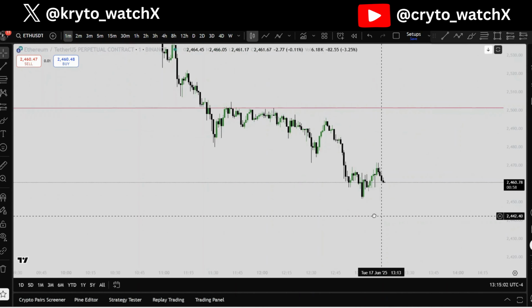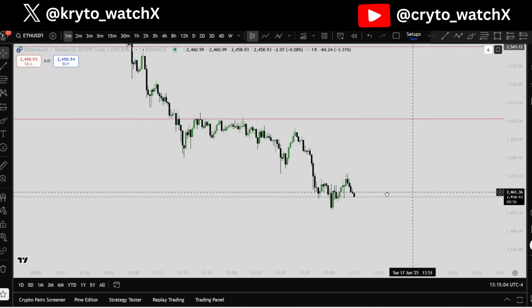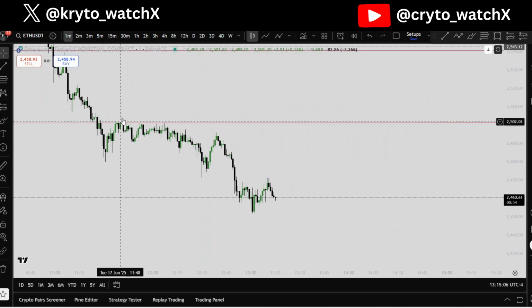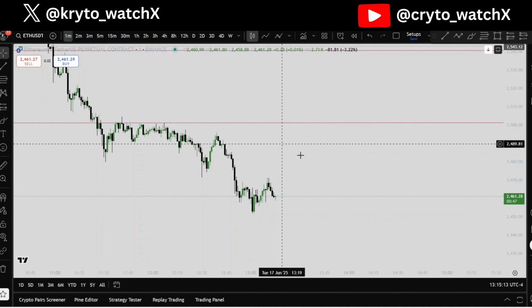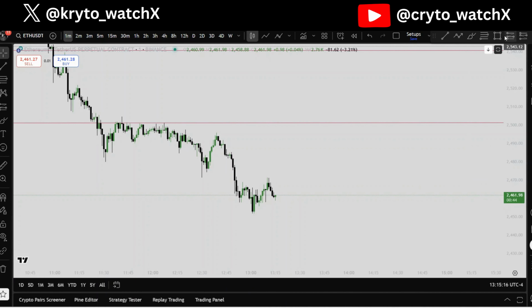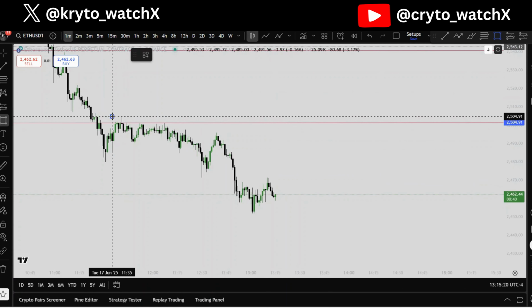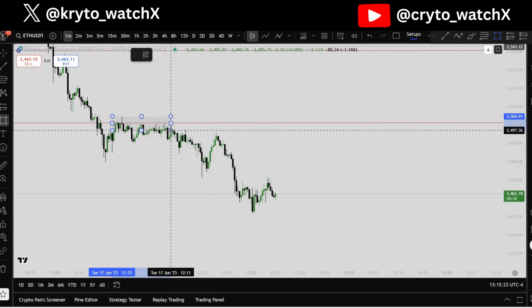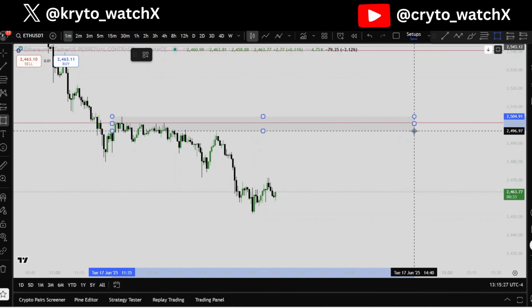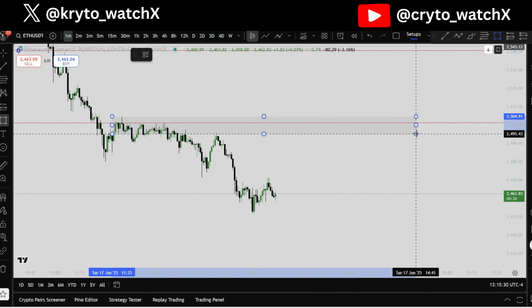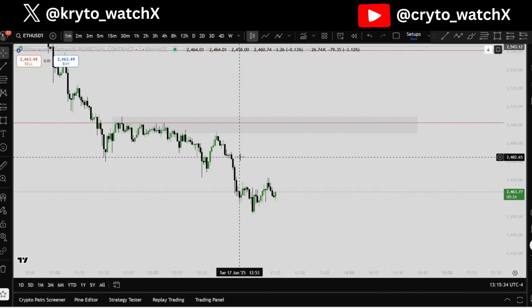As you can see, the price rejected from here, which is 25.01 on Ethereum, and the order block for the 1 minute time frame was here. If you look at our previous video, we mentioned how to spot the FVG and the order blocks on all the time frames.